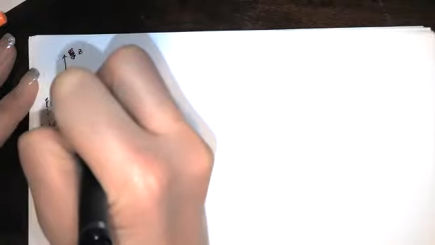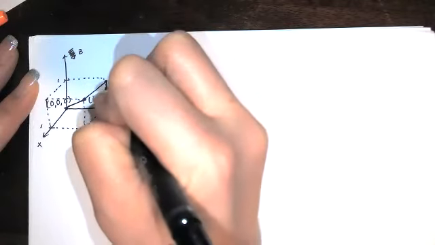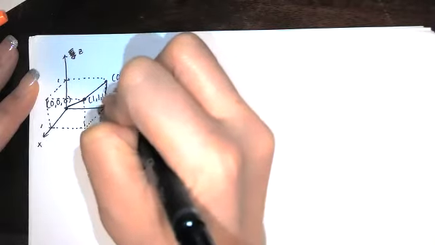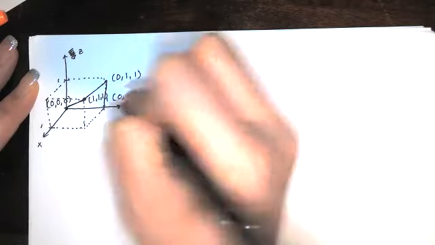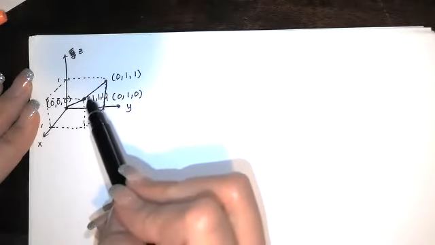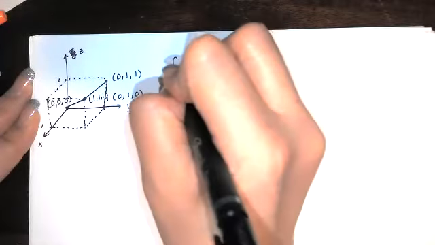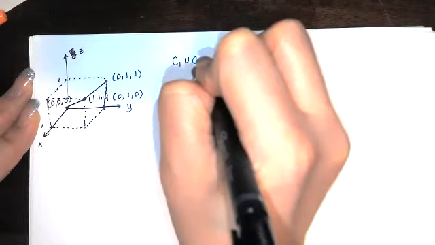Say I'm going from 0, 0, 0 to 1, 1, 1. And then I want to go from 1, 1, 1 back to 0, 1, 1. And then let's go down to x equals 0, y equals 1, z equals 0. So our curve is the union of this curve with this curve and this curve. So I'll call that first curve C1, the second curve C2, the third one C3, and that's our C.